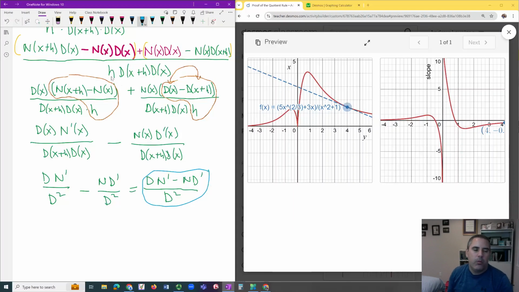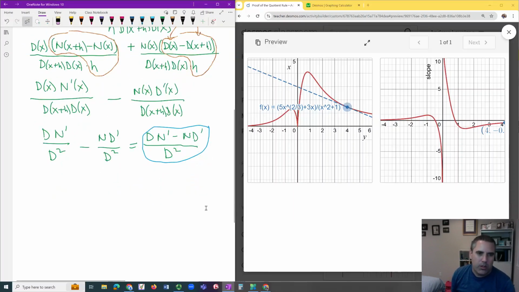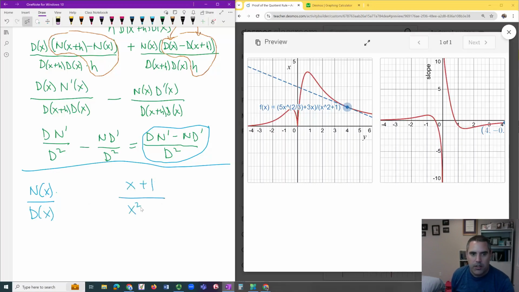Okay. One last thing I was going to say here is what a lot of students tell me they like to do, which is fine. I think it is nice to know the quotient rule. But some students tell me when they're given a fraction, like x plus 1 over x squared plus 3, they like to rewrite it as x plus 1 times x squared plus 3 to the negative 1.